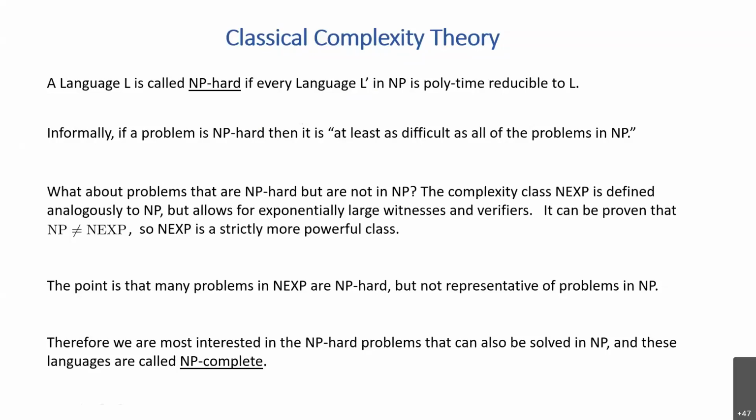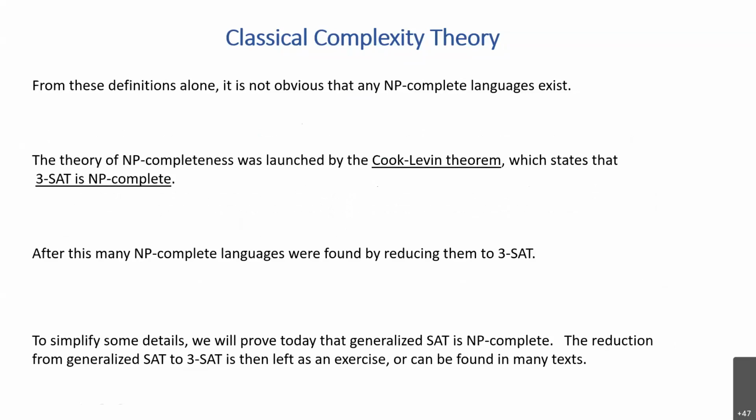So there are many problems in NEXP that are NP-hard, but those problems aren't really representative of problems in NP. What we're most interested in are the NP-hard problems that can also be solved in NP, and those languages are called NP-complete.